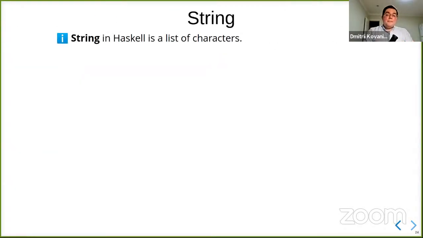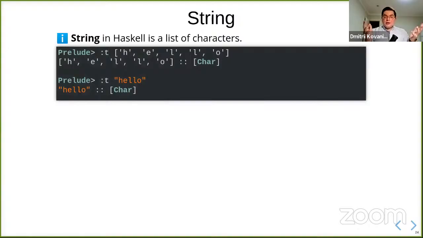Another important data structure in Haskell is string, and a string in Haskell is actually just a list of characters. If I inspect a list of characters put in single quotes, comma separated between square brackets, the type will be list of Char. If I just put the string between double quotes, hello, its type will also be list of Char.